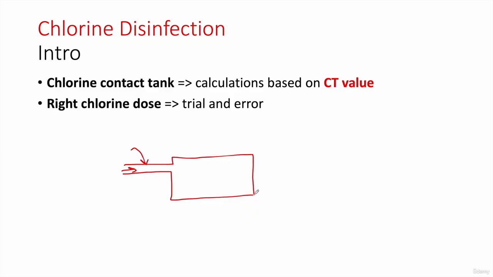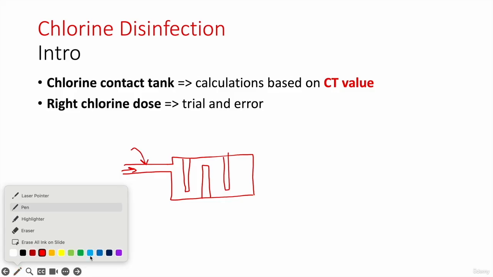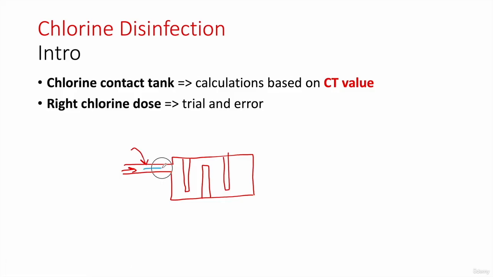And this is what is called a chlorine contact tank, and this tank comes with baffles. So we do have baffles within this tank, and this is the water.